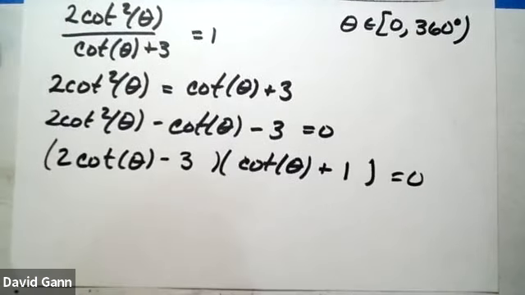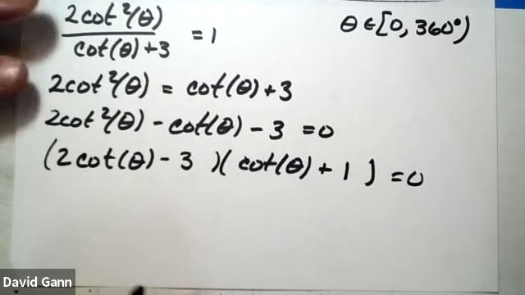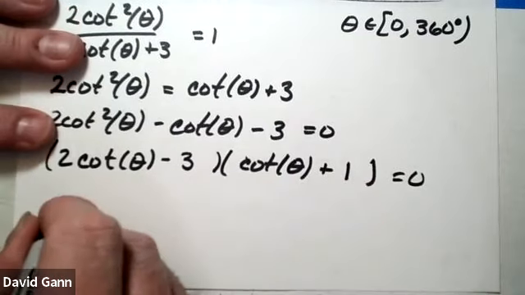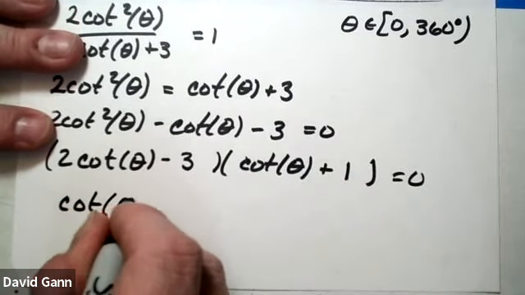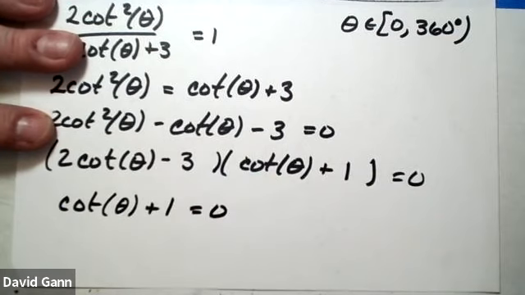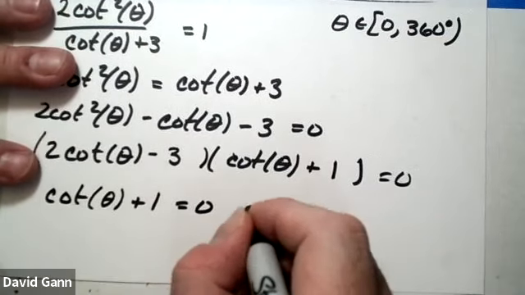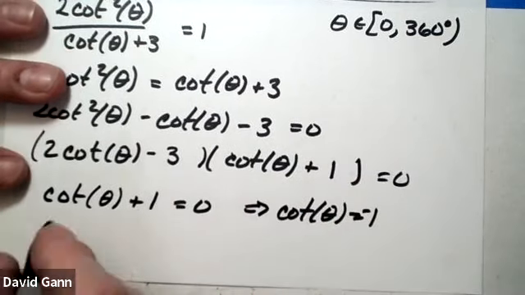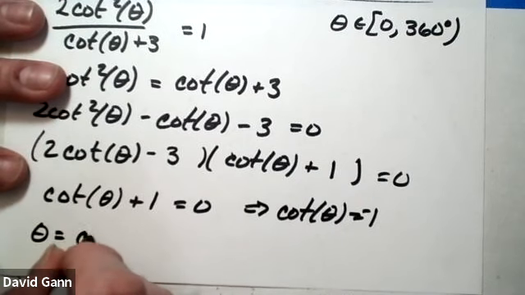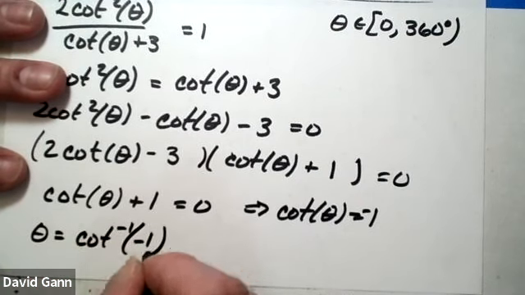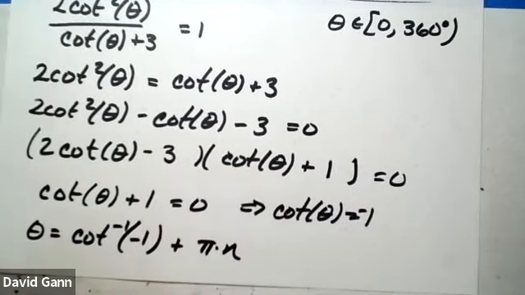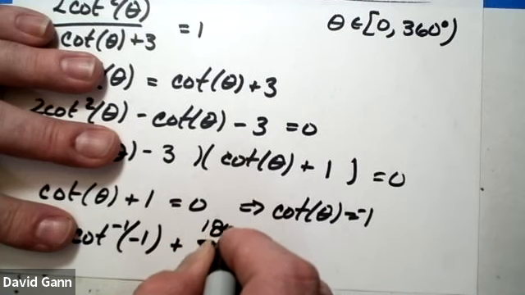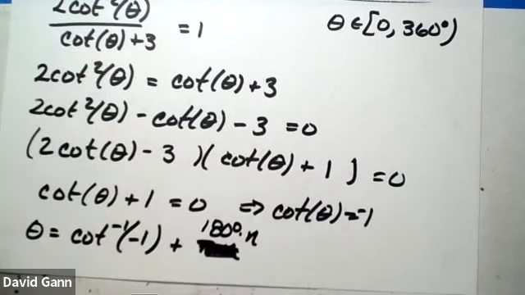What this leads to is 2 possible solutions. Let me do the easy one first, this one here, and then I'll shift to another sheet of paper. So cotangent of theta plus 1 equal to 0 implies that cotangent of theta equal to -1. So theta will be equal to the inverse cotangent of -1 plus 180 degrees times n, because now we're working in degrees.